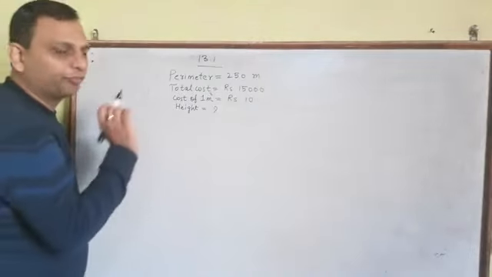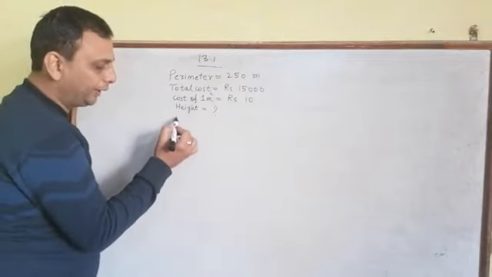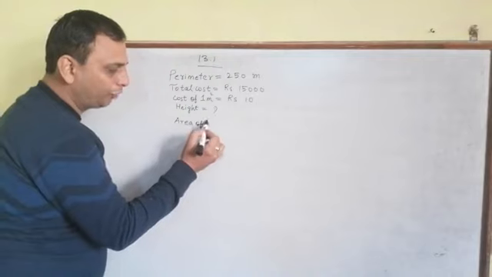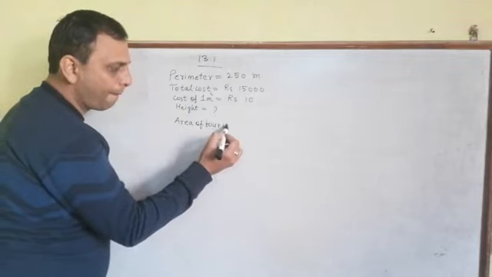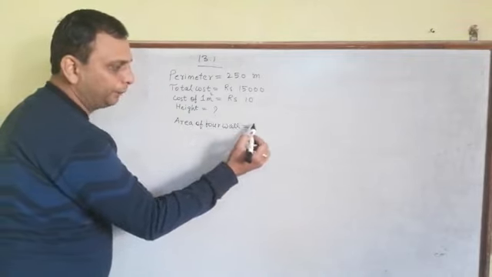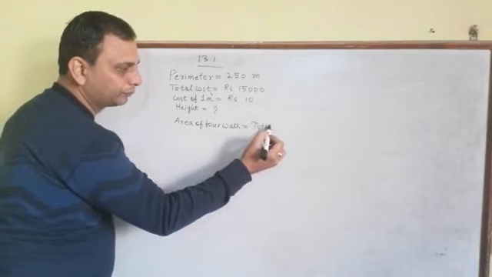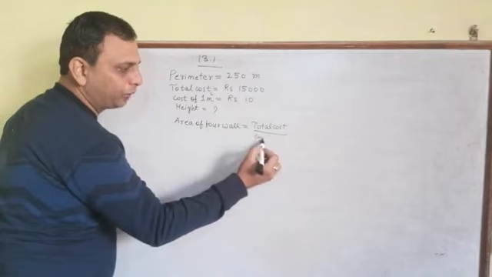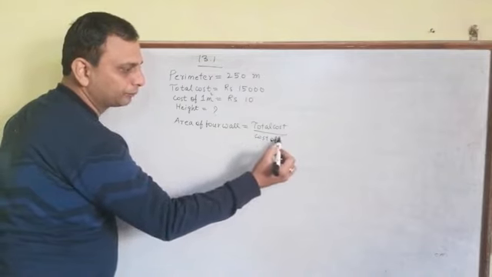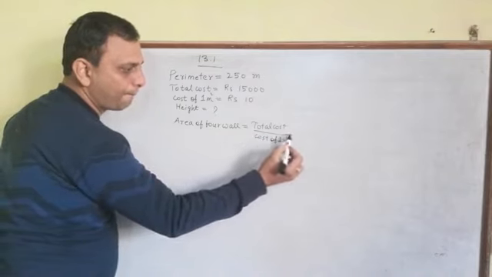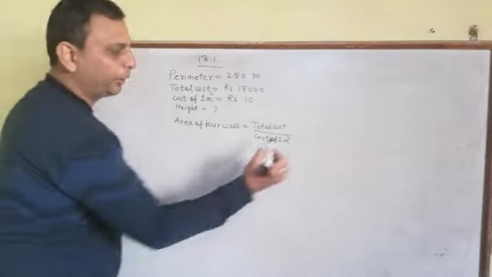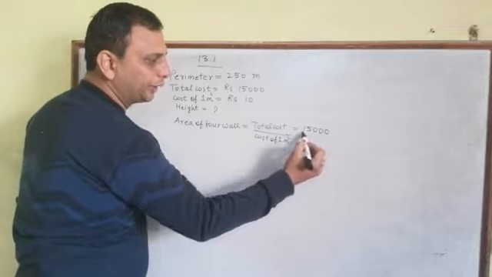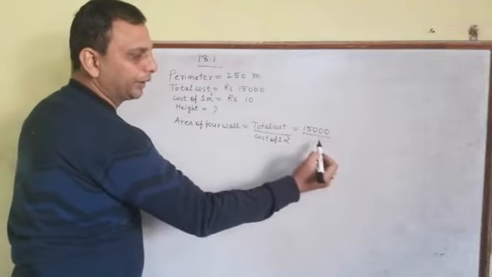So what we'll do, first we'll find the area. I told you how to find the area. The area of the four walls will be the total cost divided by the cost of 1 meter square. Our total cost is already given, 15,000, and the cost of 1 meter square is 10 rupees.